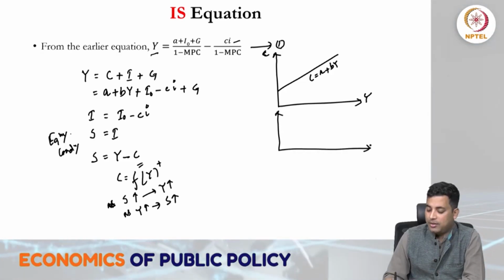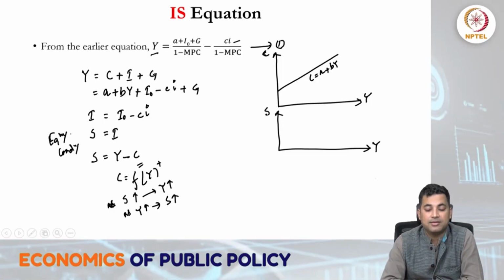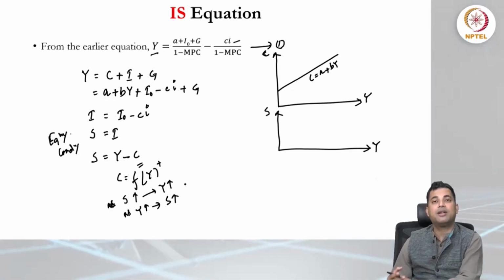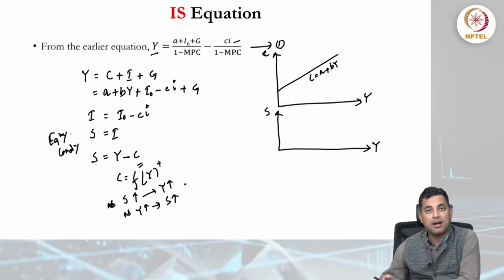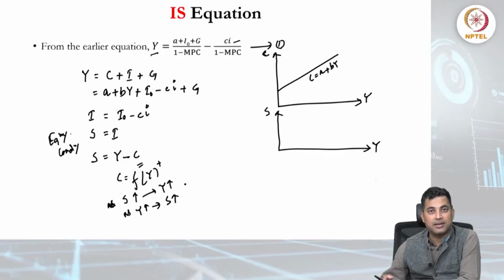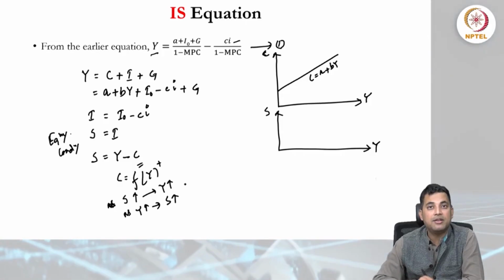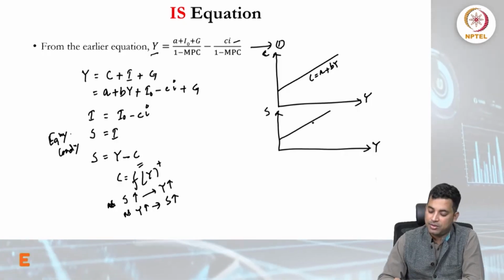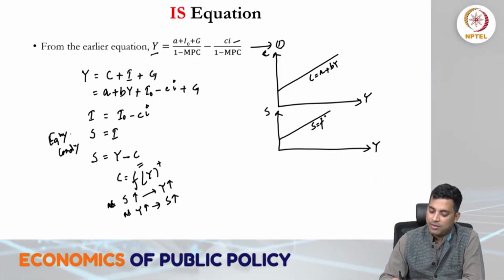Likewise, if we plot y with S, savings: if consumption increases, then saving will be reduced. But if overall income increases, at one point consumption will stagnate, but saving will keep on increasing. The saving function is upward sloping, just like consumption. So this is the saving function, which is a function of y.